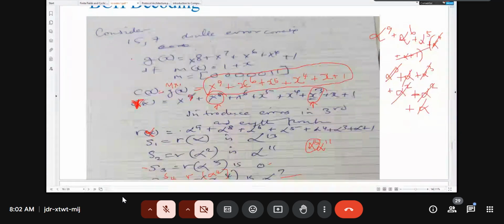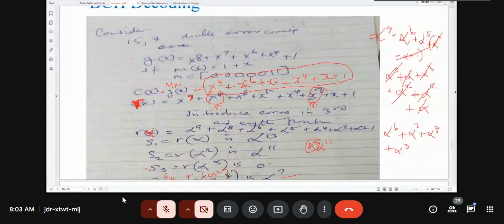If you do this to the power of 4, this becomes to the 36, which, because alpha to the 15 is 1, becomes 1 times 1, so it becomes alpha to the 6, plus alpha to the 8, which we found is alpha to the 32, so it becomes alpha to the power of 2, plus alpha to the 24, which becomes alpha to the 9, because alpha to the 24 is simply alpha to the 15 times alpha to the 9, plus alpha to the 20, which is alpha to the 5.